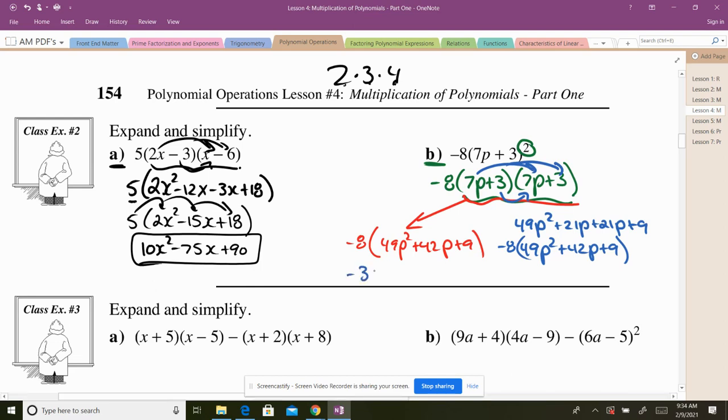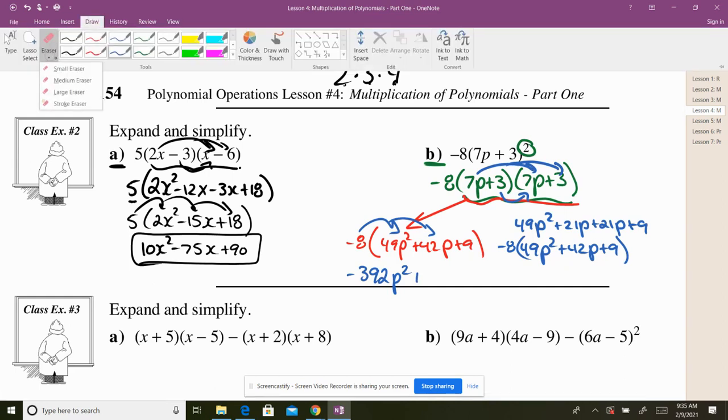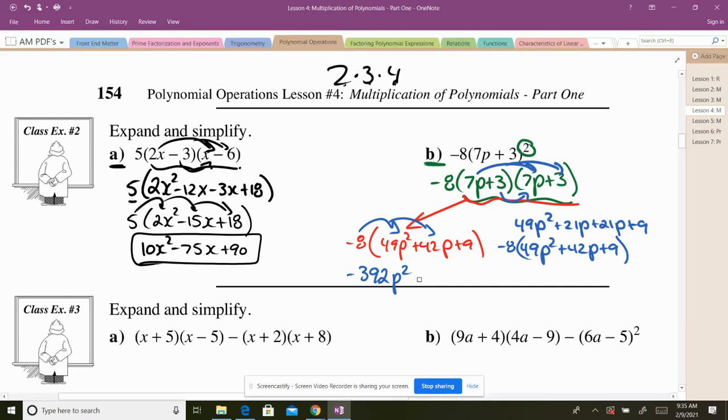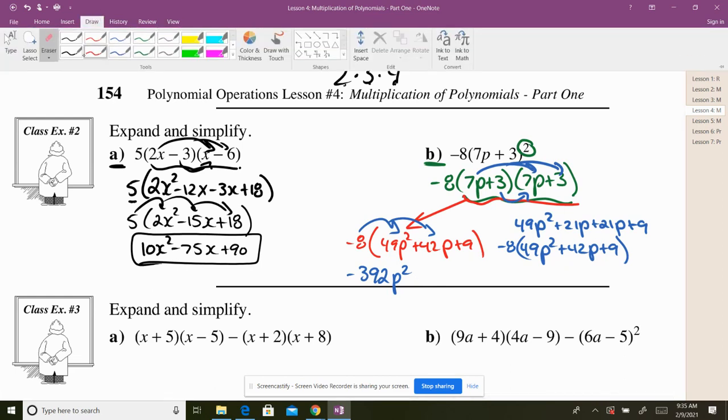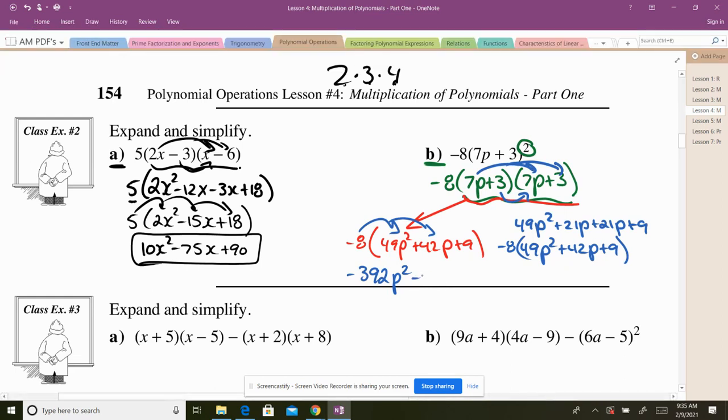So negative 392p squared. 32, 350? No, 336. Damn. Minus 336. And then 8 and 9 is negative 72. So there's your answer.